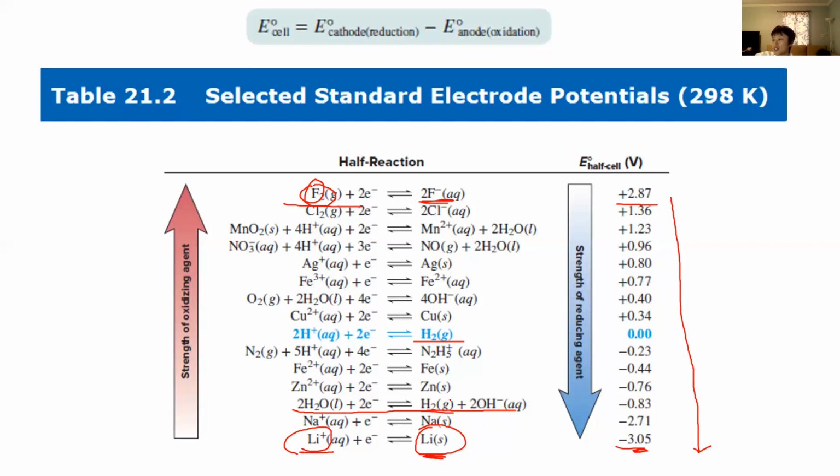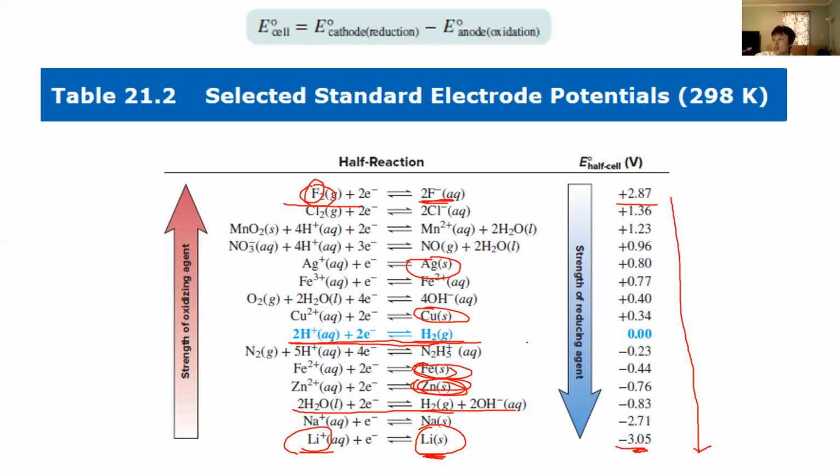And if this metal is below this equation, then if you add it into acid, you can replace the proton from acid. But if you add this metal into water, it will no longer replace hydrogen from water. And for these inert metals, if you add them into acid, they won't even replace the proton from the acid because they're above this equation.